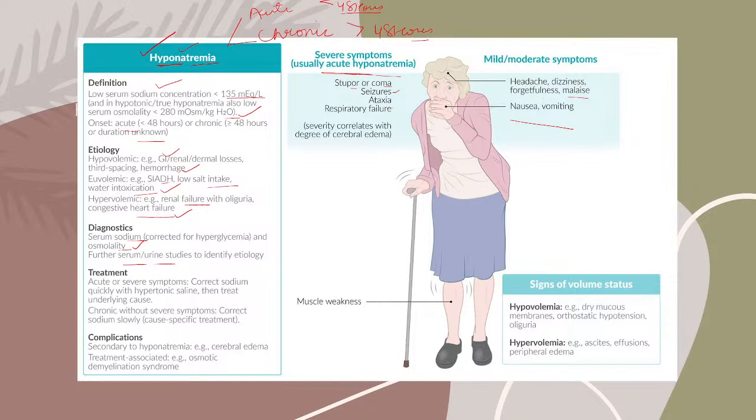In severe symptoms there would be muscle weakness. The patient will complain about muscle weakness. So these are the symptoms of hyponatremia.